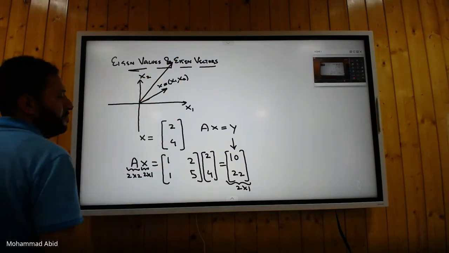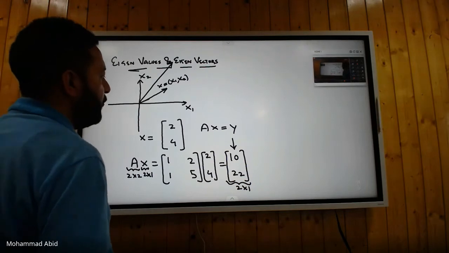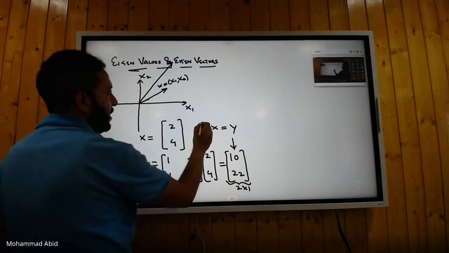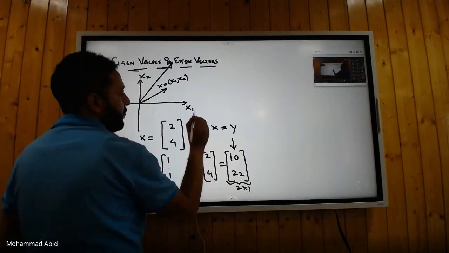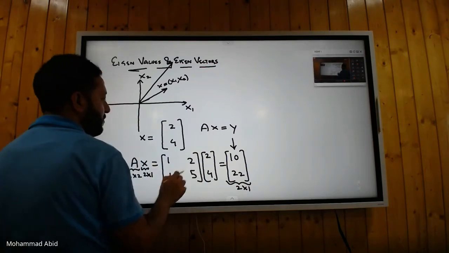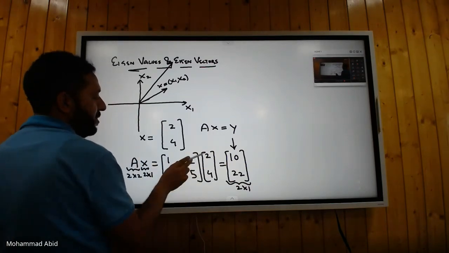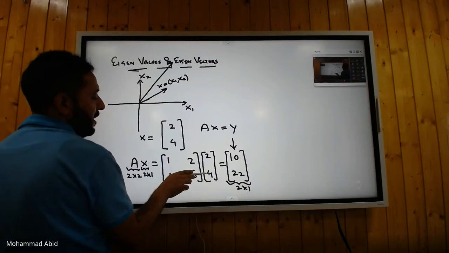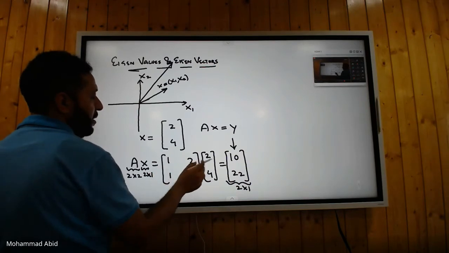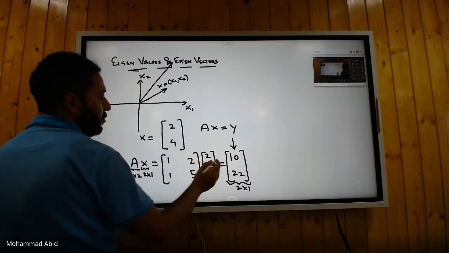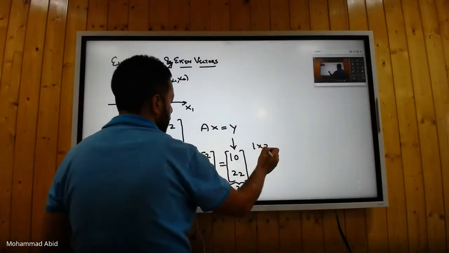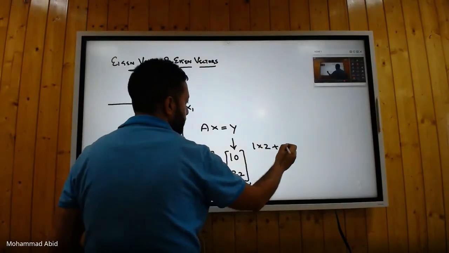Are you getting me? So when you perform this operation, this is a linear transformation performed on x, because you see this matrix, when you multiply it with this, the entries of this vector are actually changed through a linear combination, because this 10 is actually equal to 1 into 2 plus 2 into 4.